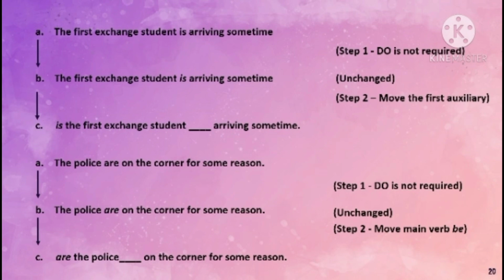So the second step is to move the main verb be to the first part of the sentence. If we do that, we are going to form a sentence: are the police on the corner for some reason? So if you noticed, the final questions that we formed became yes or no questions.